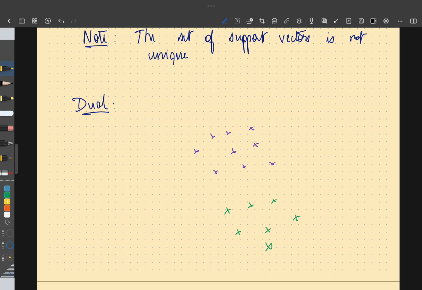The dual optimization problem, as it turns out, happens to be you take the convex hull of these data points.